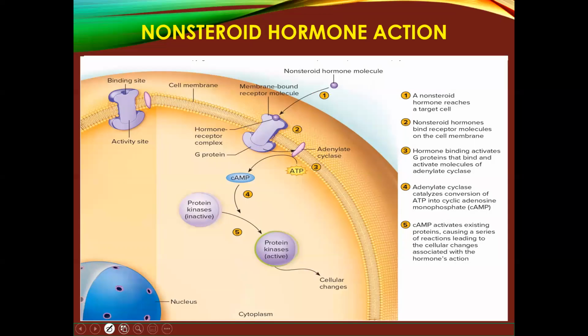If we use this diagram, let's say this is hormone released by the endocrine glands. It will be transported by the blood, released into the target cell. And this hormone, because it is unable to enter into the cell, the receptor will be located on the cell membrane. This hormone is considered as the first messenger.